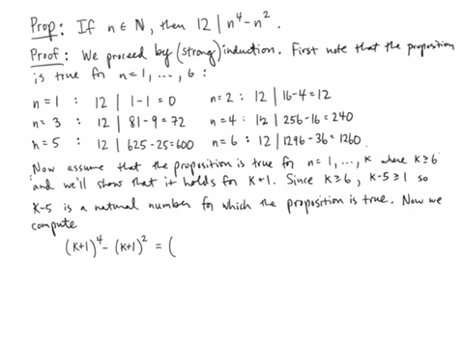So I want to write this as k minus 5 plus 6 to the 4th minus k minus 5 plus 6 squared.